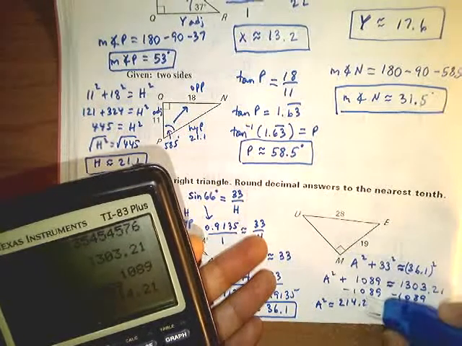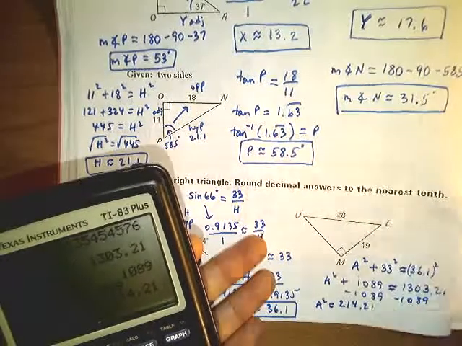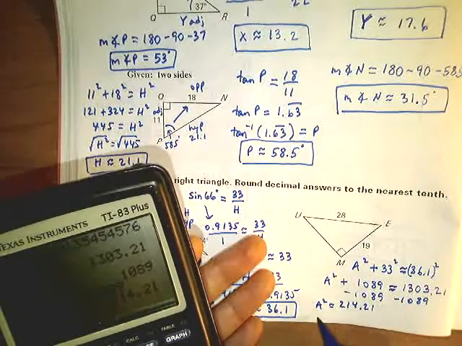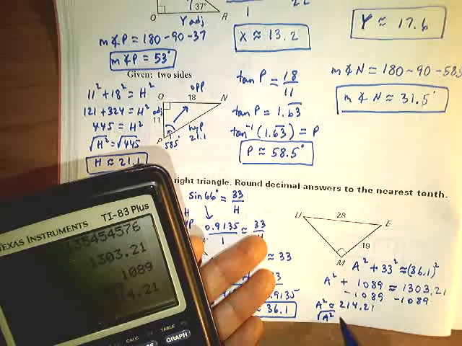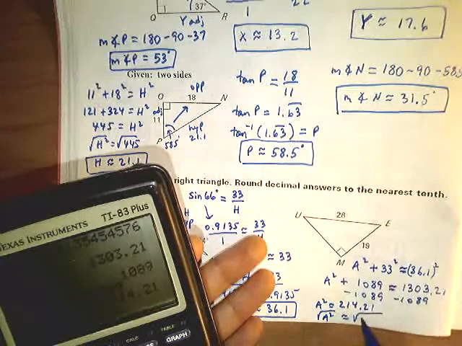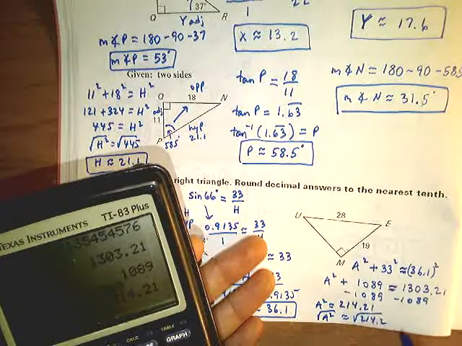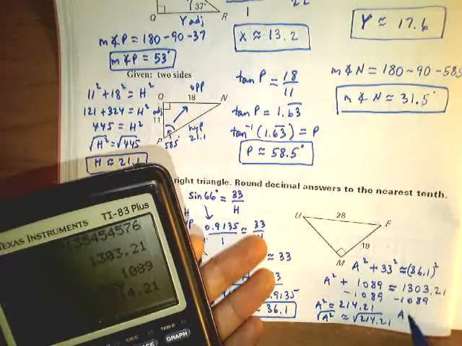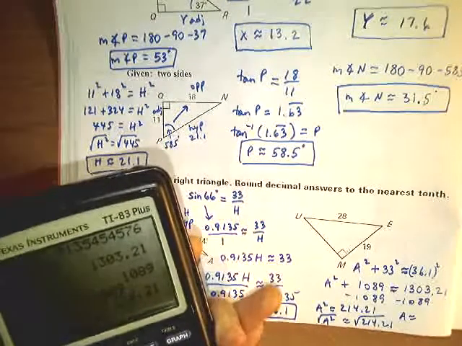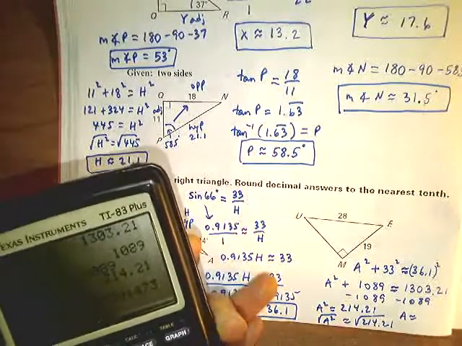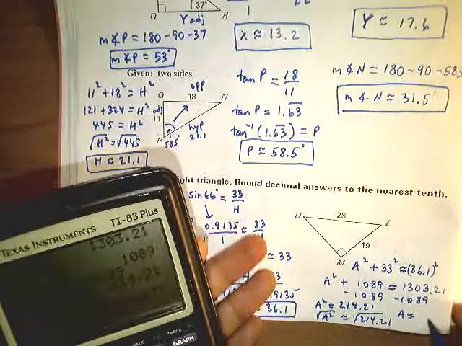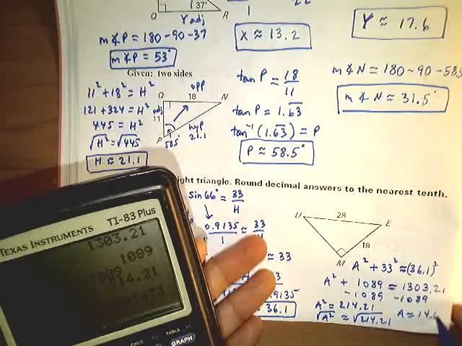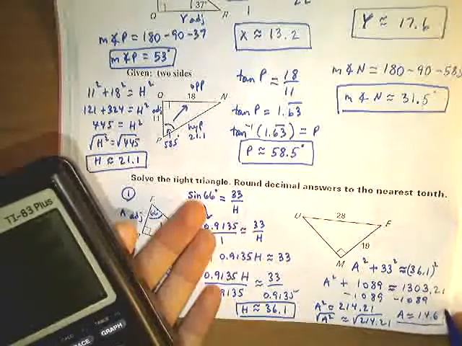So then I'll just cancel the square there on the adjacent length by taking the square root. And so my adjacent length is about 14.6 units long.